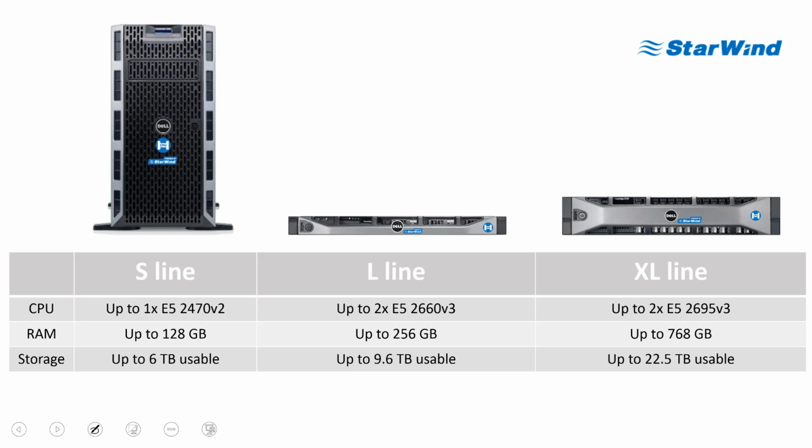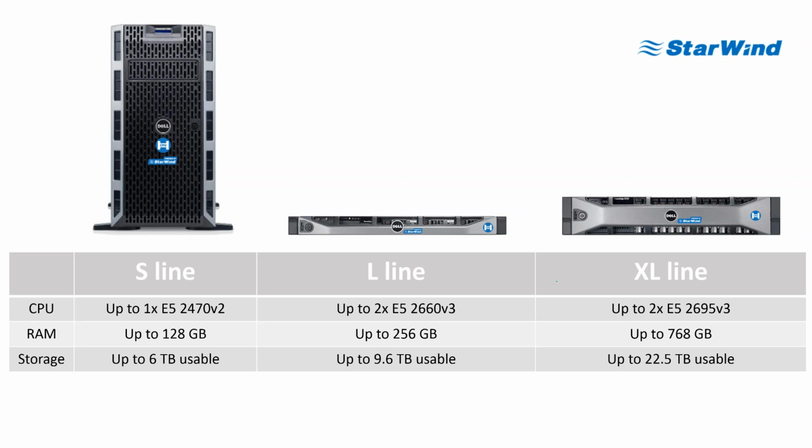These stack and scale out really well. It's up to two 2660 V3s, so as far as I remember, 24 cores total, up to 256 gigs of RAM and 9.6 terabytes usable flash. And with the 2-unit XL, we've got up to two 2695 V3s, 768 gigs of RAM and 22.5 terabytes usable.